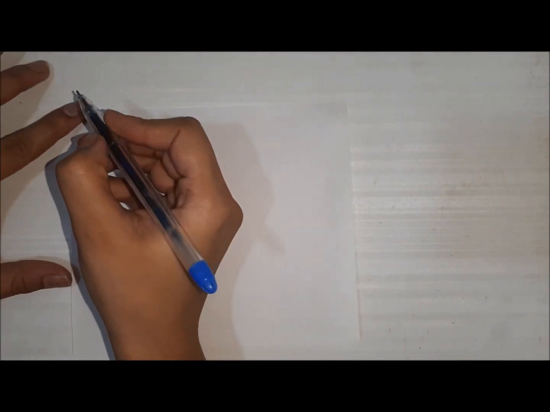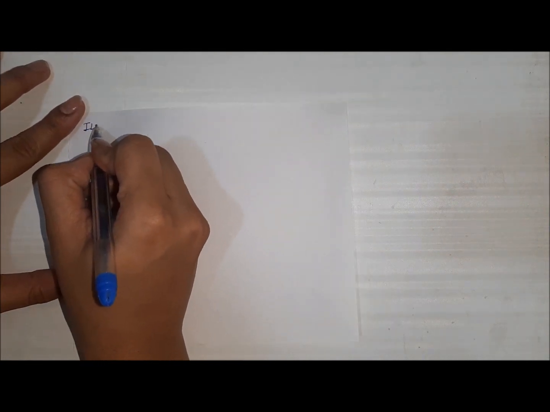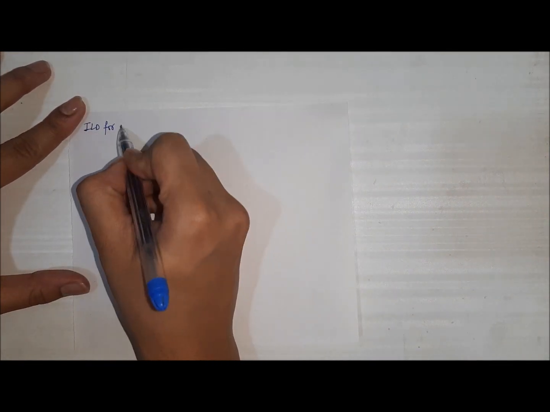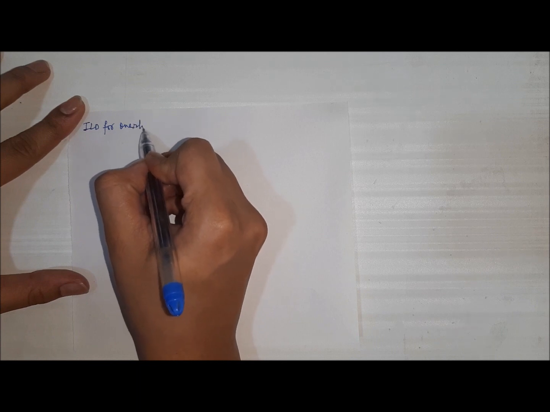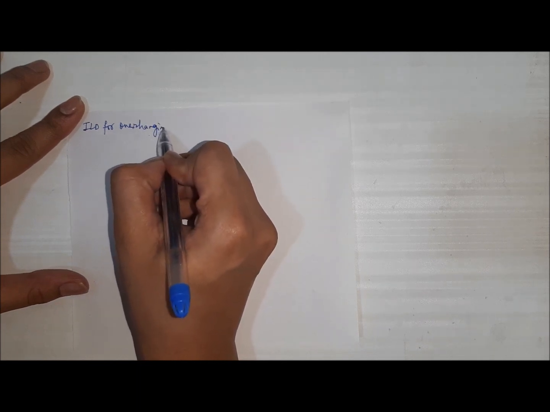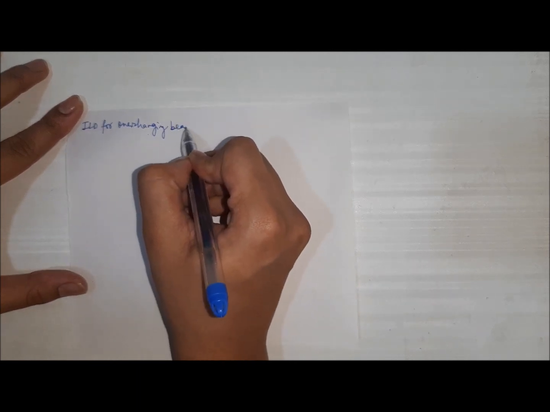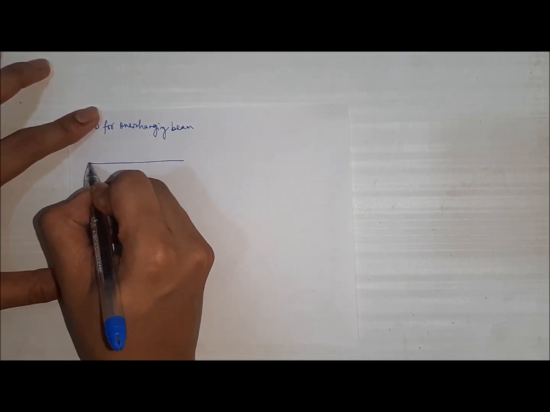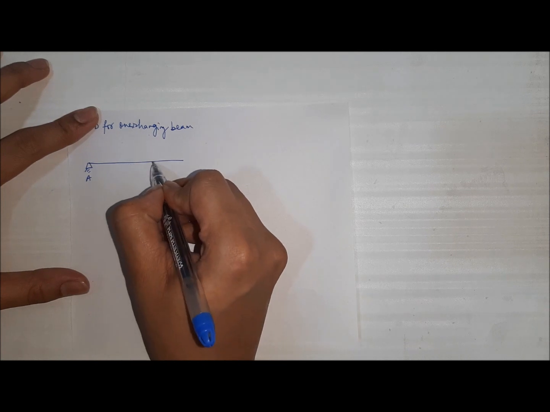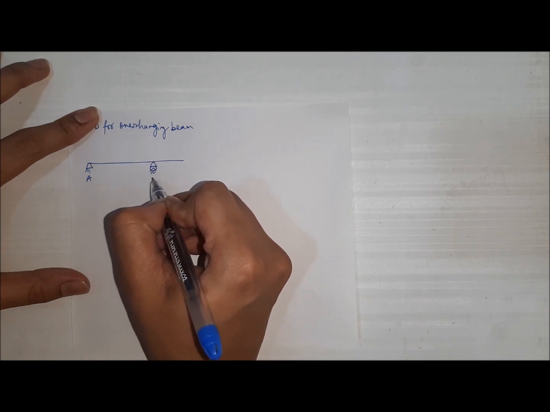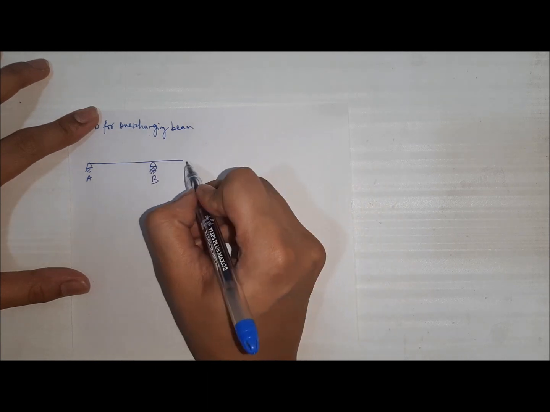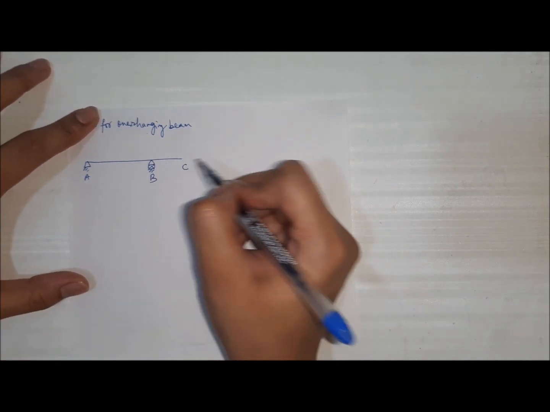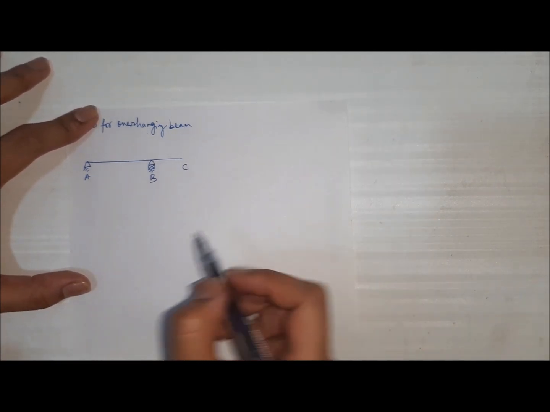Now we will plot the ILD for an overhanging beam. We have an overhanging beam having end A hinged, B roller supported and free end C. That is, the BC portion is the overhang.